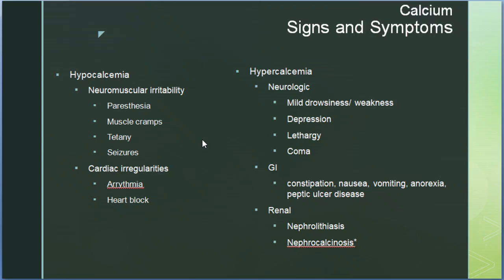Hindi siya makaka-absorb ng calcium. So what is the expected level of your parathyroid hormone? In secondary hypocalcemia, there is high level of your parathyroid hormone because your renal is resistant to your PTH. Sira kasi ang ating kidney kaya hindi siya nagre-reabsorb ng calcium. So as a mechanism, dapat taasan niya ang PTH. So that's your secondary hypocalcemia.